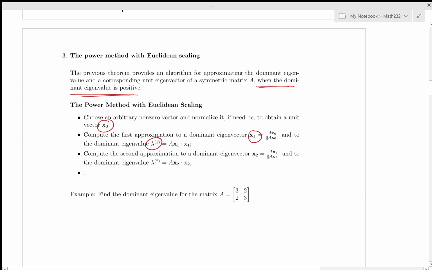Then we get a second approximation to the eigenvector, and then we get a second approximation to the eigenvalue we're looking for. Okay, so the important point is we are not computing the determinant of lambda I minus A to do this.